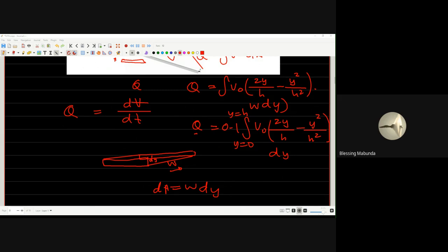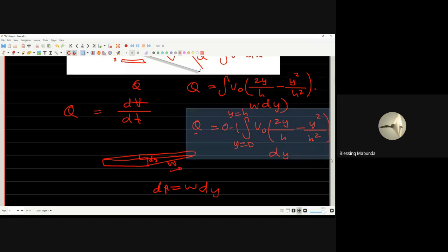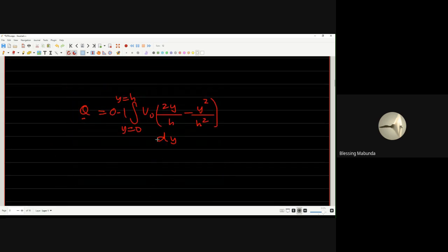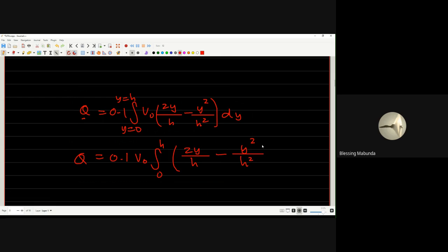All right, perfect. So for part one of the question, you're looking at this integral here, and you solve for it to get a Q expression. So Q is equal to 0.1 V naught integral from 0 to H of 2y divided by H minus y squared divided by H squared.